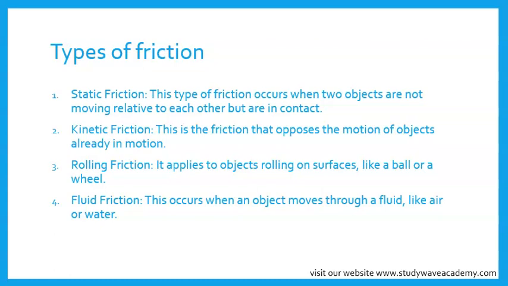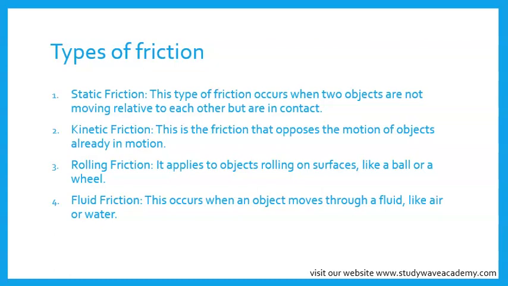Okay? Fluid friction happens when things move through air or water. So these are the types of friction: static friction, kinetic friction, rolling friction, and fluid friction. Okay?